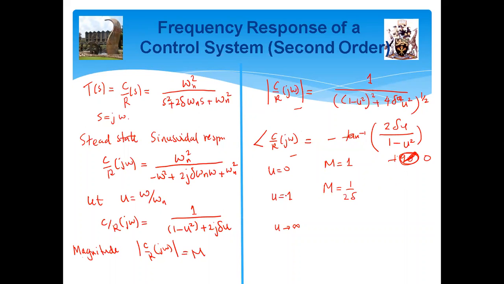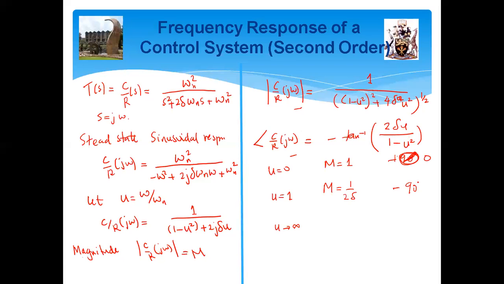And if u is large, then this part will blow up. We'll have infinity, right? So tan inverse of infinity is what? Minus 90 degrees.